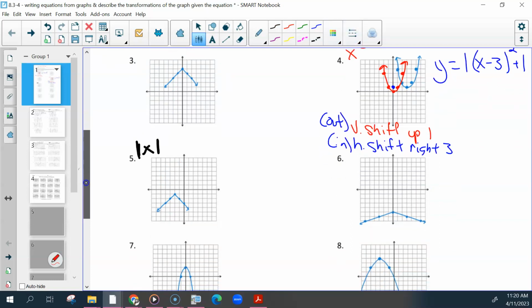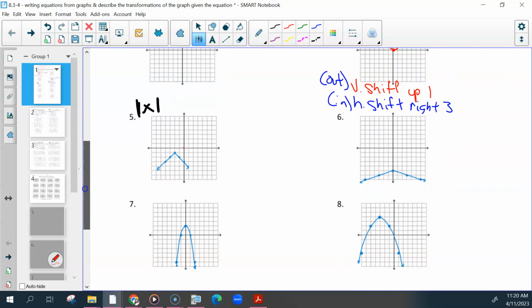So that parent function, again, starts at 0, 0, and it just keeps going up 1, right 1, all the way, and up 1, left 1, all the way.